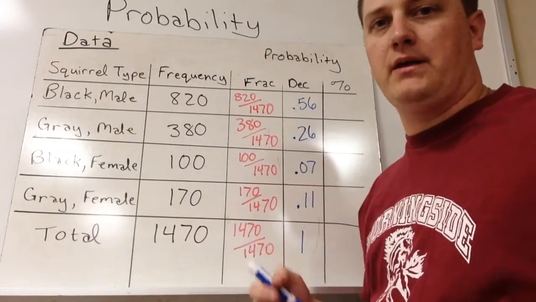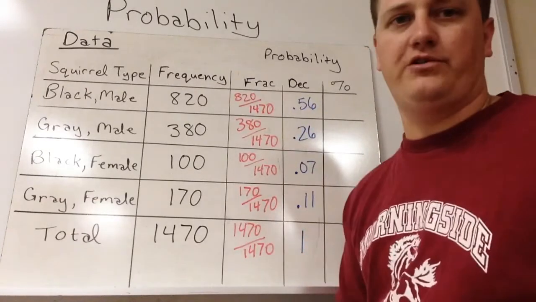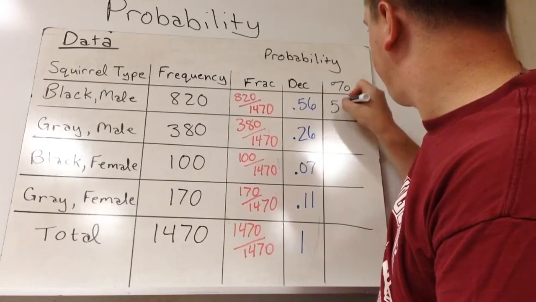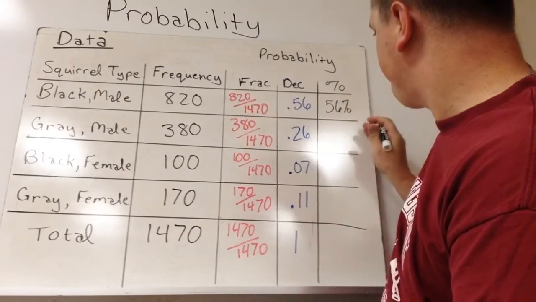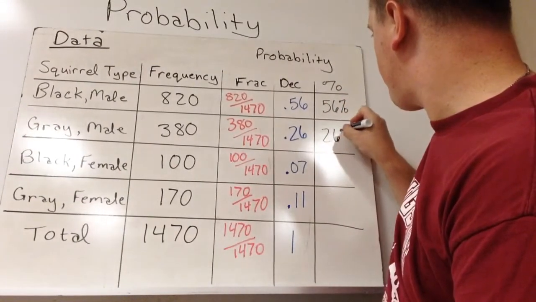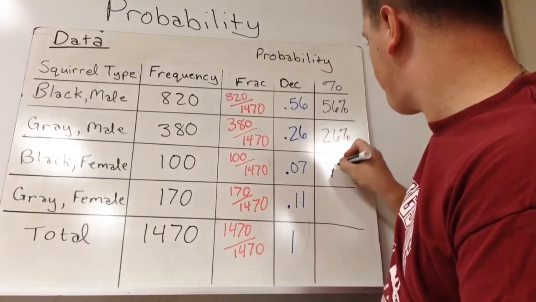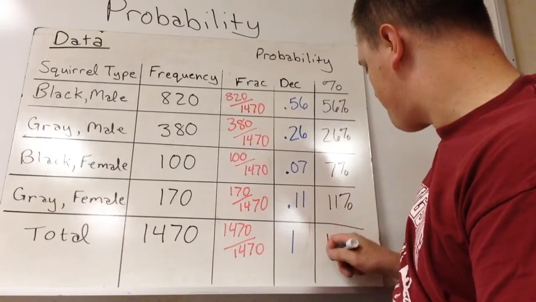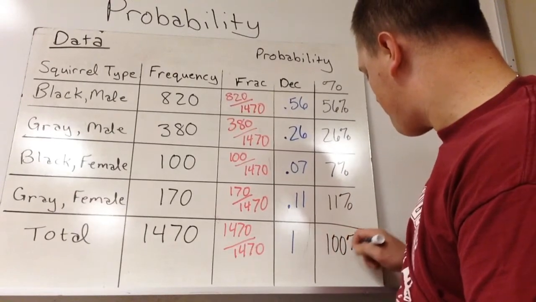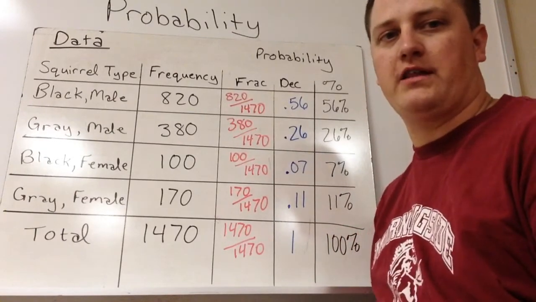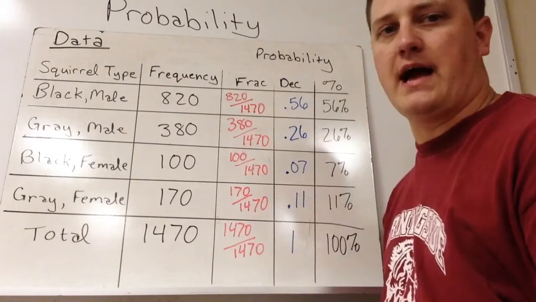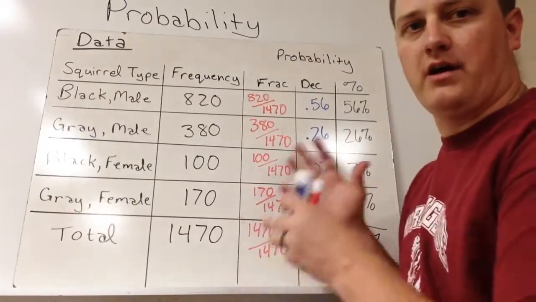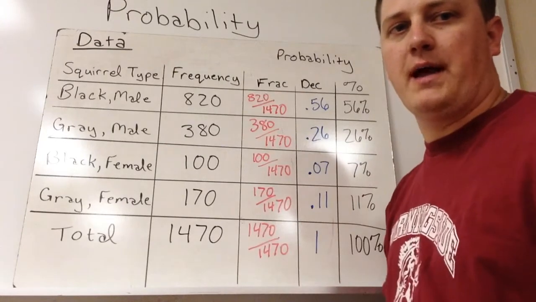Then with probability, what we do is we take all our decimals times 100. So to get the percent, you just take the decimal that you got and times it by 100. So here we have our data with all our fractions, decimals, and percents.